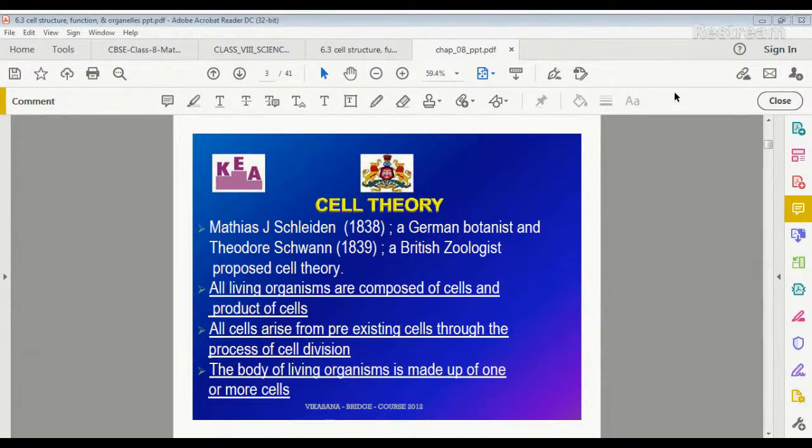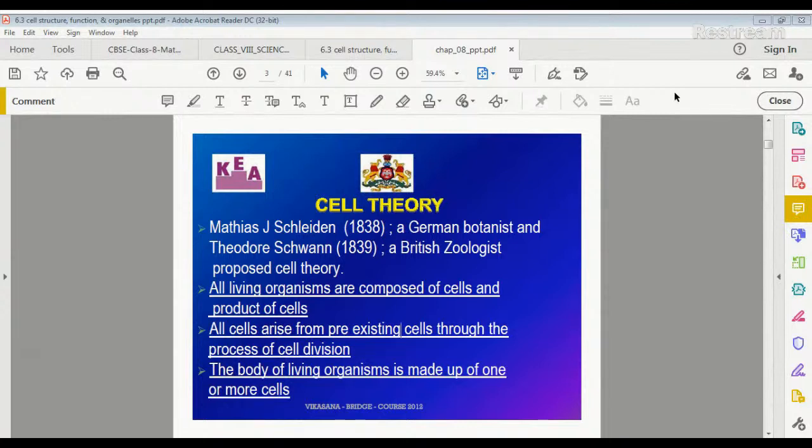He was a German botanist, and just 1 year after, Theodor Schwann, who was a British zoologist, also proposed the cell theory, as you can see.